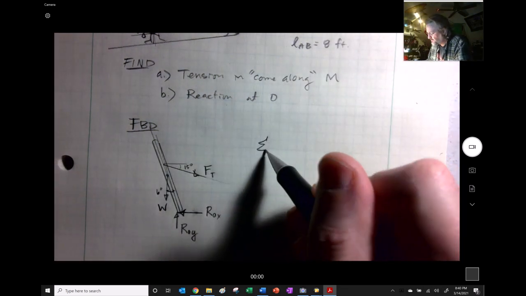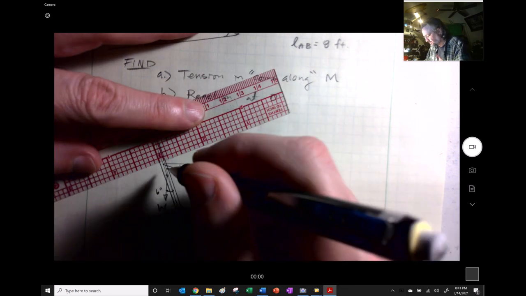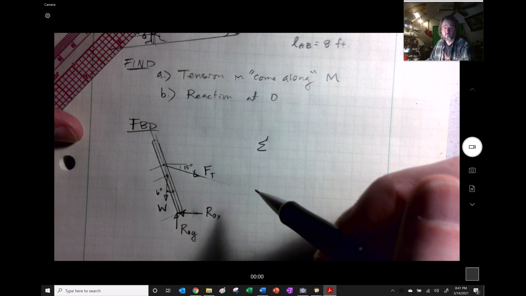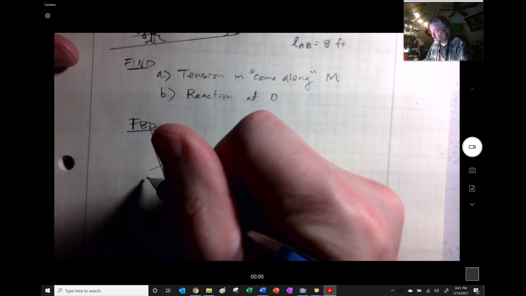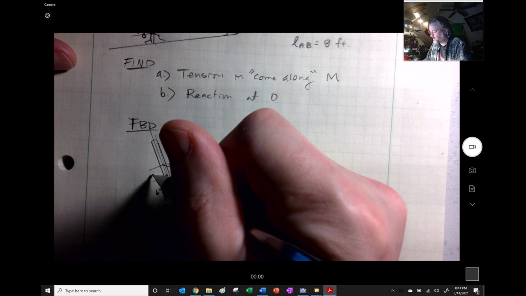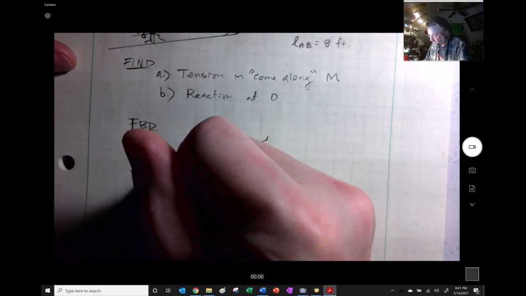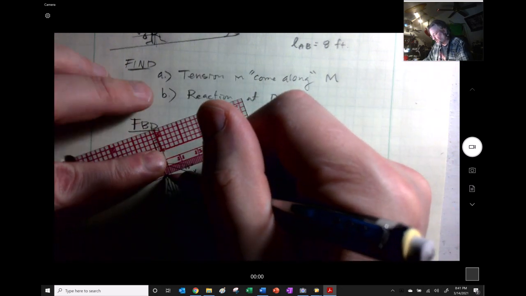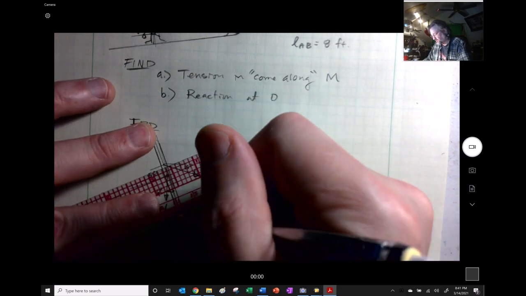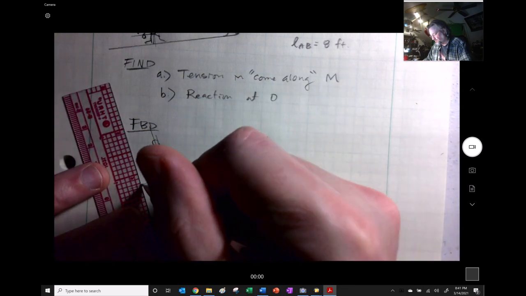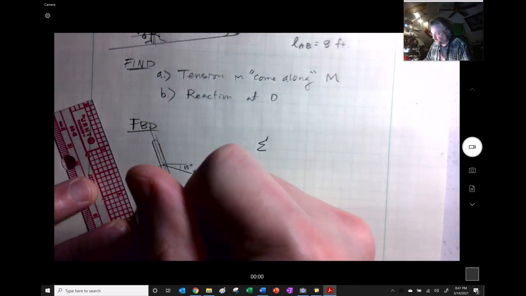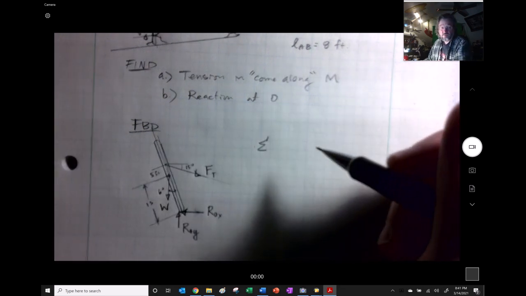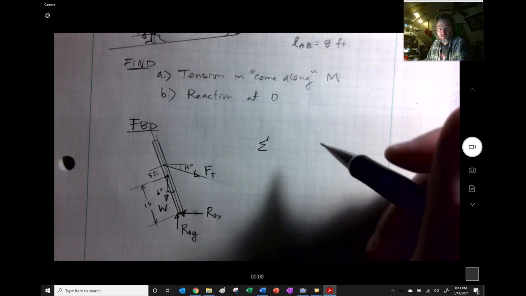So when we go to the sum, and I could put these other dimensions in here, they're just going to kind of get in the way a little bit. Right? Say this is LAG, so that's going to be 5 feet. And I can't write this over here without getting in the way of a lot of other things. So I'll go a little bit crazy. It ain't pretty, but it'll communicate. That's more important. There's 13 feet right there. Right? So here's what we'll do.